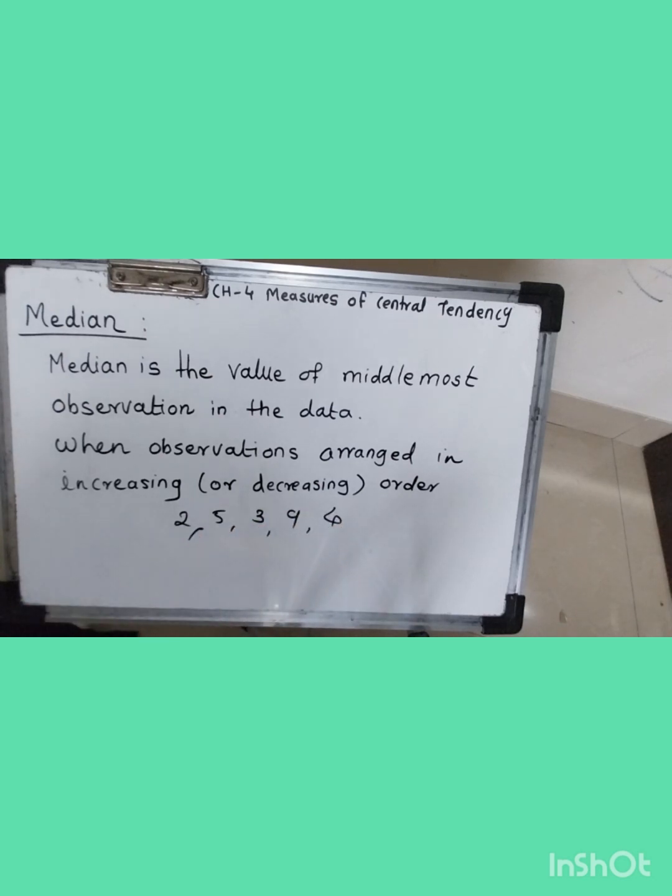What is the median? The middlemost value. But before that we have to arrange this data in increasing order: 2, 3, 4, 5, 9. So 4 is the median. Got it? It is very simple.